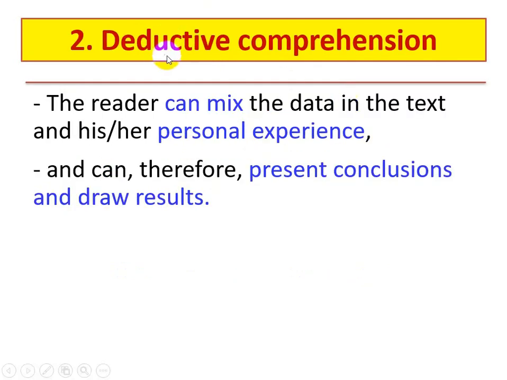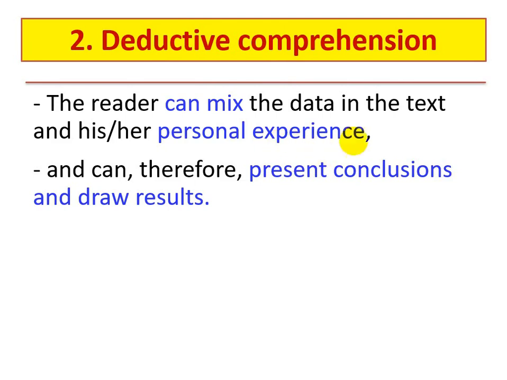In the case of the deductive comprehension, the reader here can mix the data in the text and his or her personal experience. Because he is going to make some deductive thinking, just to draw results, for example, he has to mix the data or the information in the text or in the article together with his personal background, personal culture, personal experience.